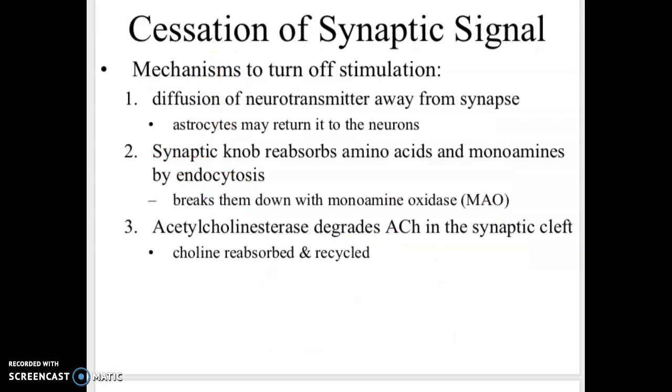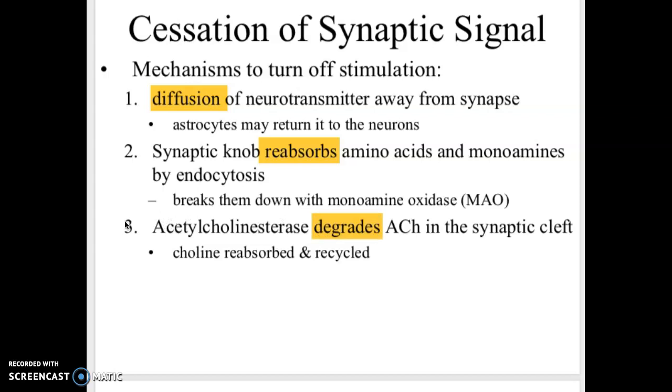Again, we need some way to stop signaling from happening. We have three ways of doing this. The first is diffusion, so the neurotransmitter goes away from the synapse. The second is reabsorption. And the third is degradation.